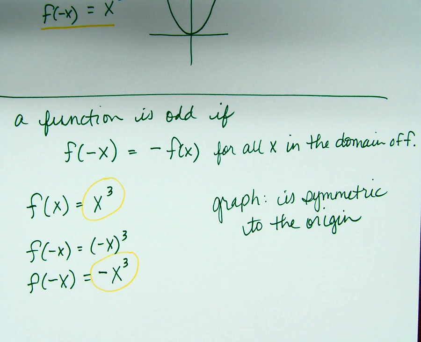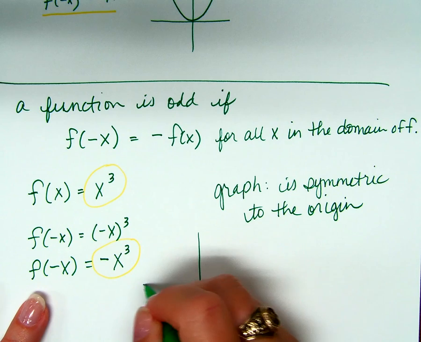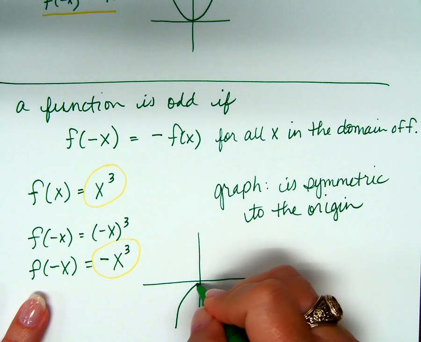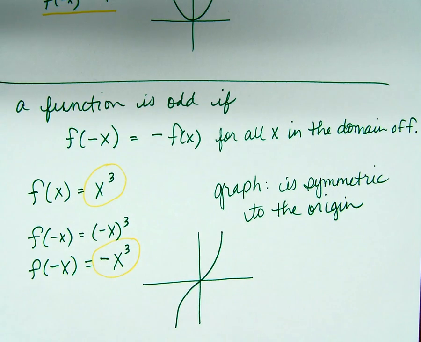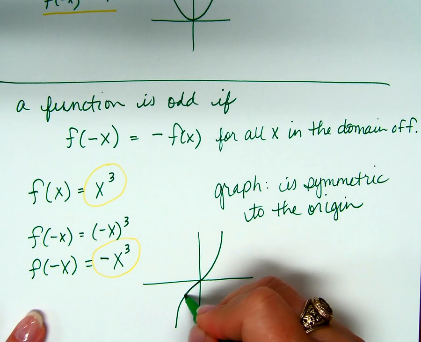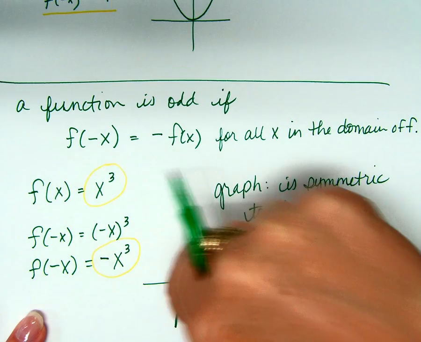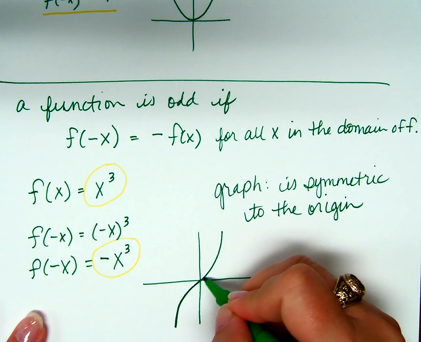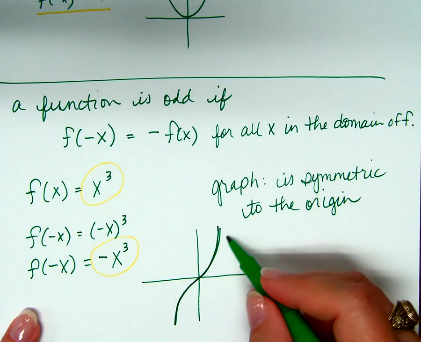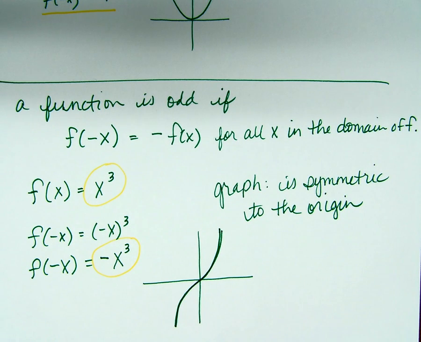It's symmetric to the origin. Think about what a cube root parent function looks like. You see how that's symmetric to the origin? No? Like take this part right here and it's kind of like we spun it around. Yeah, I guess we can fold it kind of twice. Yeah. Okay.